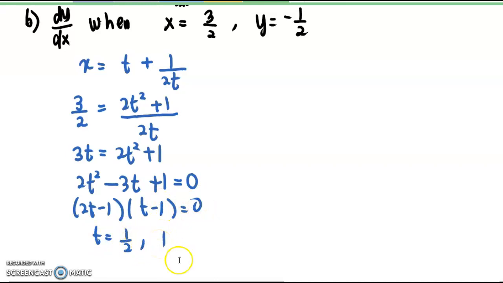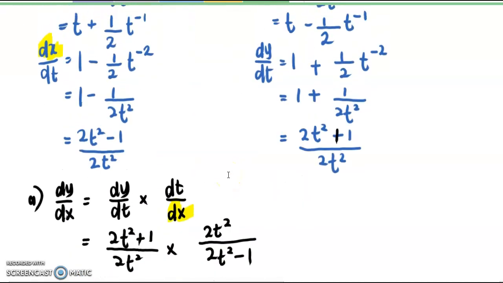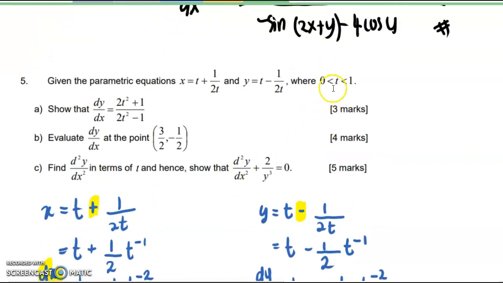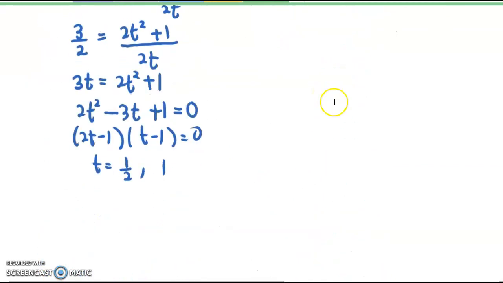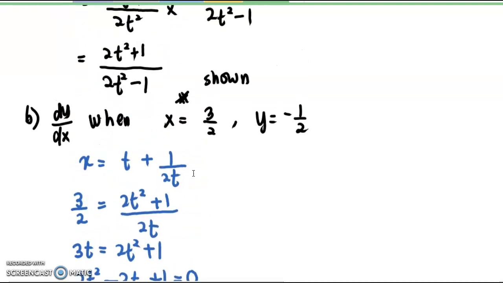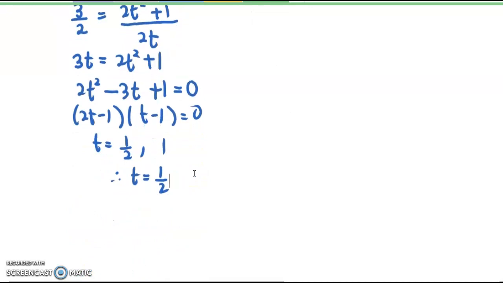Okay, now we look at the question. Given t must be between 0 and 1 only. So we are going to choose our t equals 1 over 2. So we are going to substitute into the expression dy/dx.